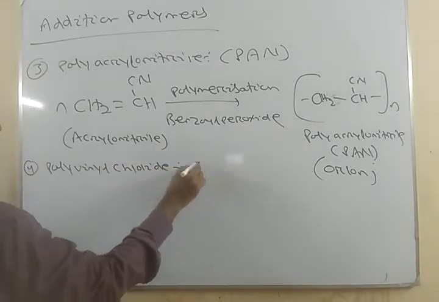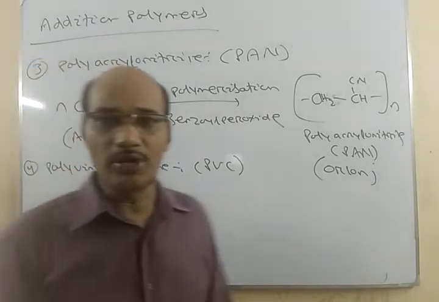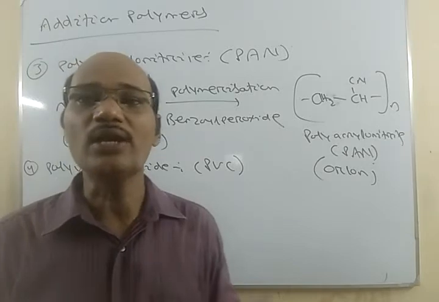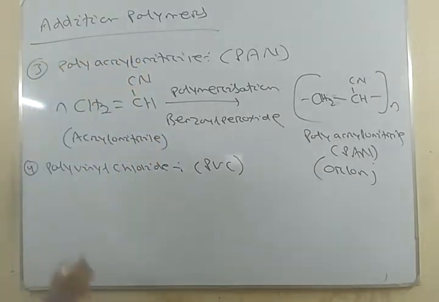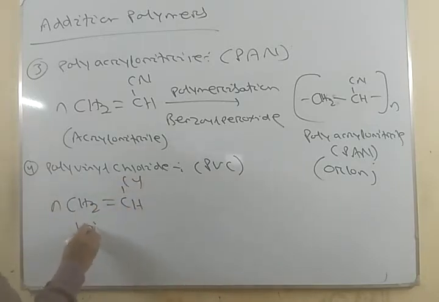Number 4, polyvinyl chloride, PVC. Polyvinyl chloride is the polymer of vinyl chloride. CH2=CHCl is vinyl chloride.